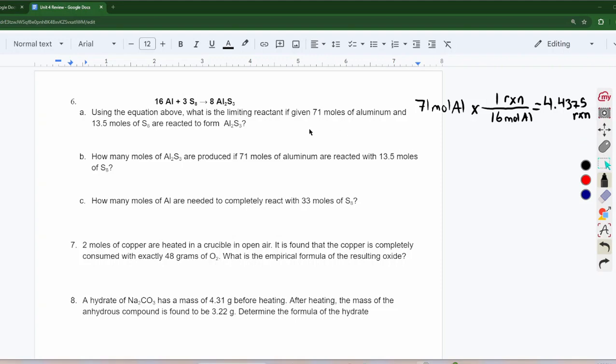So let's see, if we have 13.5 moles of S8, what's the coefficient here? 3. So what we're saying is for every 3 moles of S8, I can get 1 reaction done if everything else was perfect. All right, let's calculate that out.